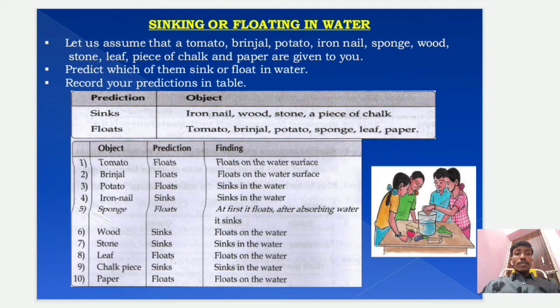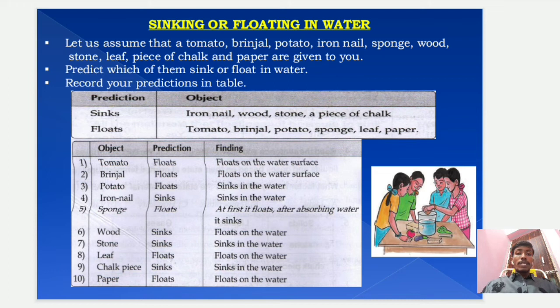Record the observations of which one sinks or floats in water. In the observation, materials that sink are iron nail, wood, stone and a piece of chalk. Materials that float are tomato, brinjal, potato, sponge, leaf and paper.